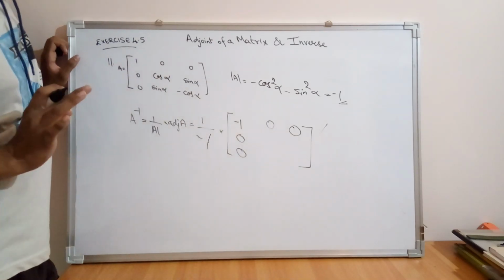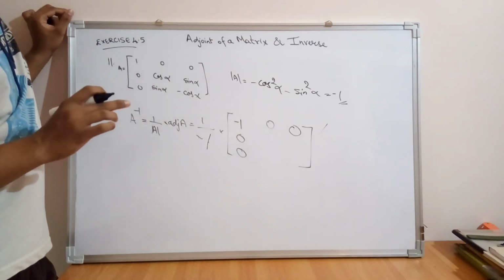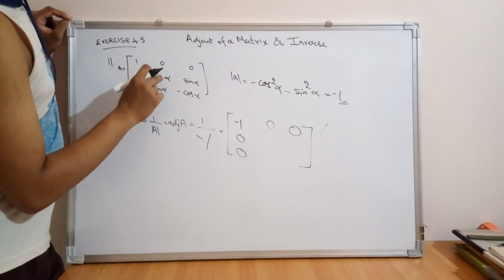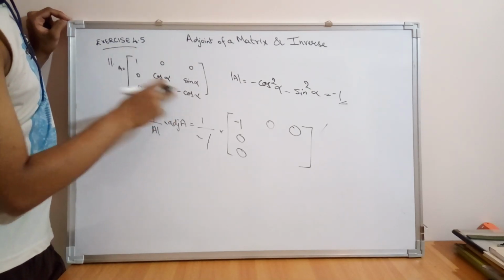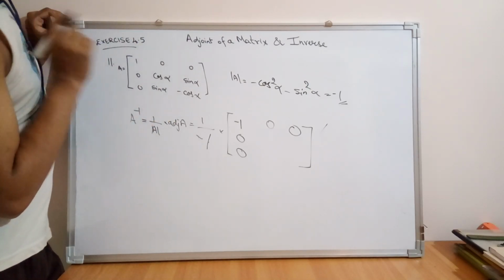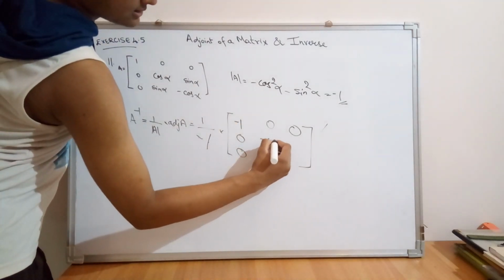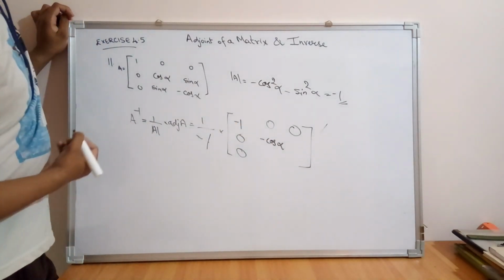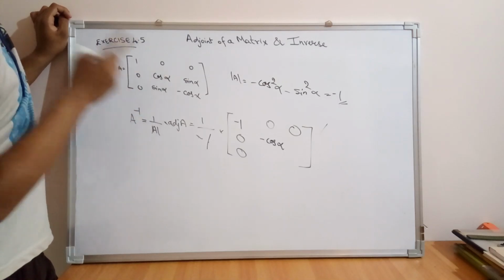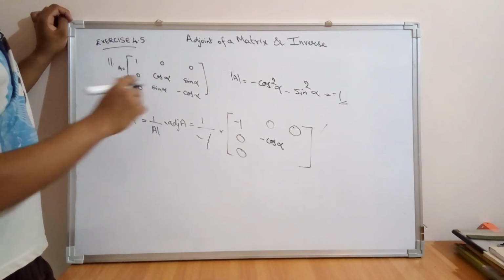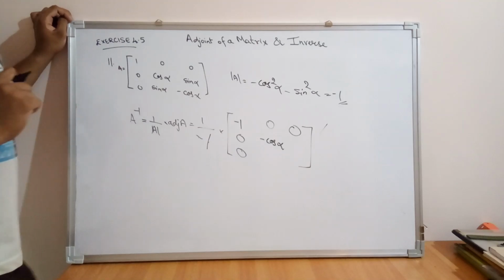Next, only these four elements are present over here. Okay, we'll consider this point here. This is going to be minus cos alpha plus 0. So it is minus cos alpha itself. Okay, since it is this position, we need not change the sign. Okay, we'll think about this now.